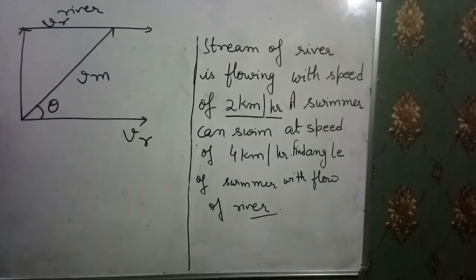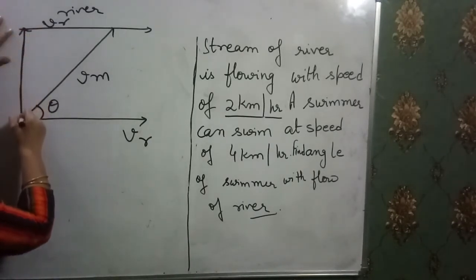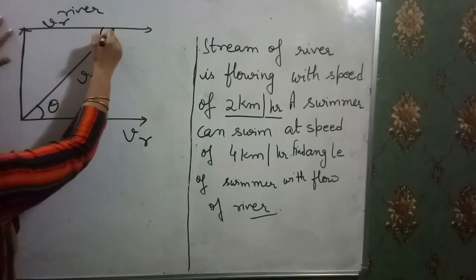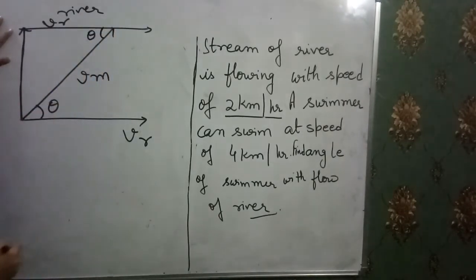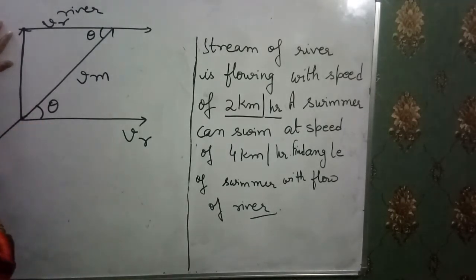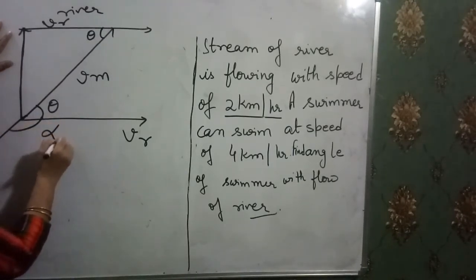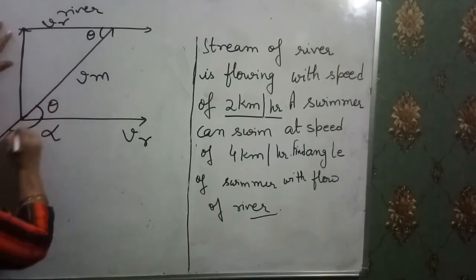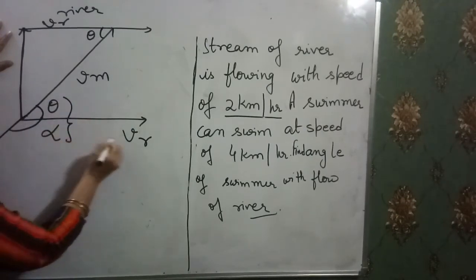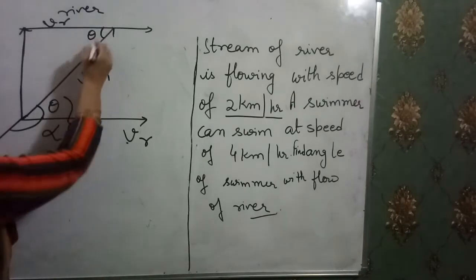Now here we see that this is the perpendicular and this is the angle theta. So we have to find that one, this is alpha. That means the man is making an angle of this with the river. Clear?